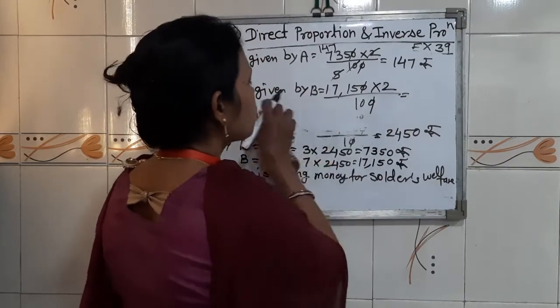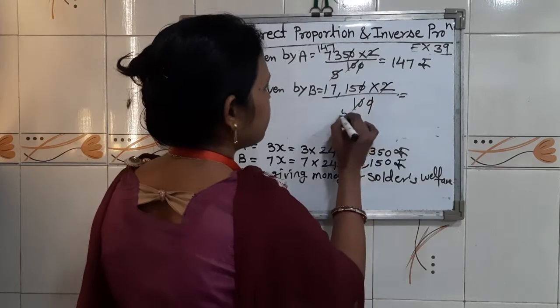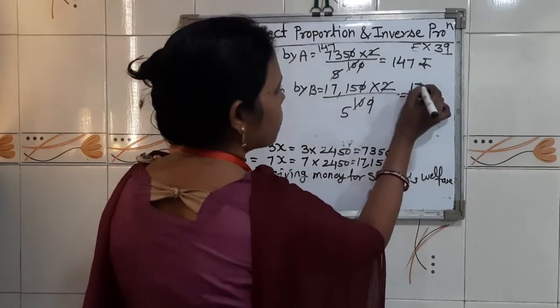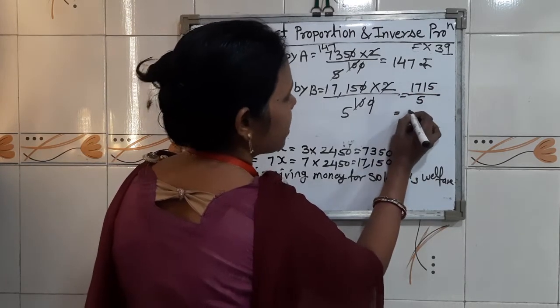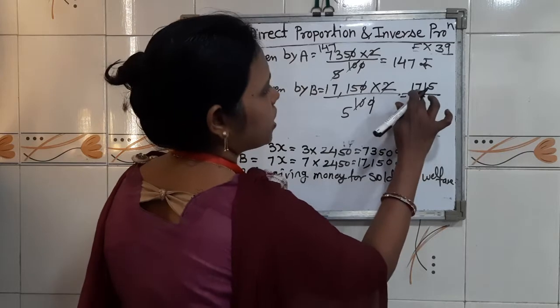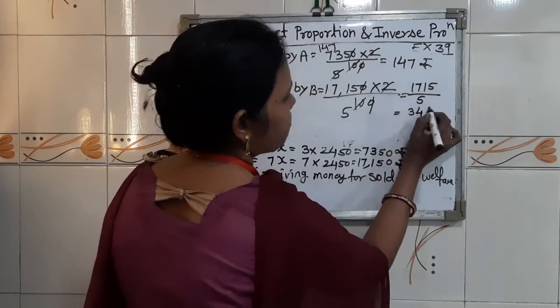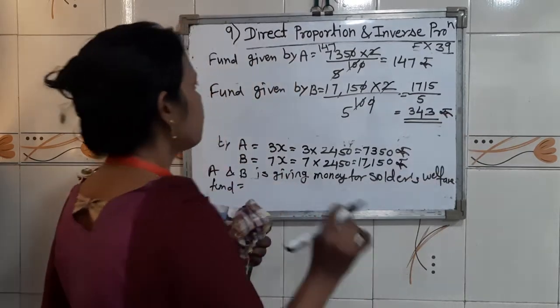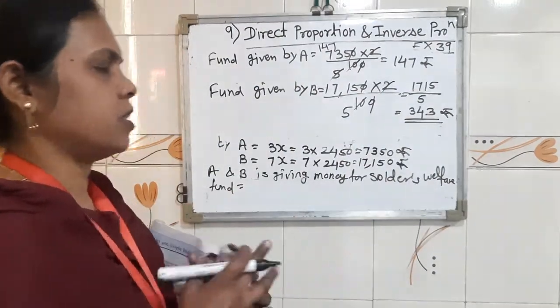After that 2 ones are 2 and 2 fives are 10. Then 1715. 1715 divided by 5. We will get 5 threes are 15. Then 2 ones. 5 fours are 20. Then 1 five. 5 threes are 15. So children, fund given by B equals 343 rupees.